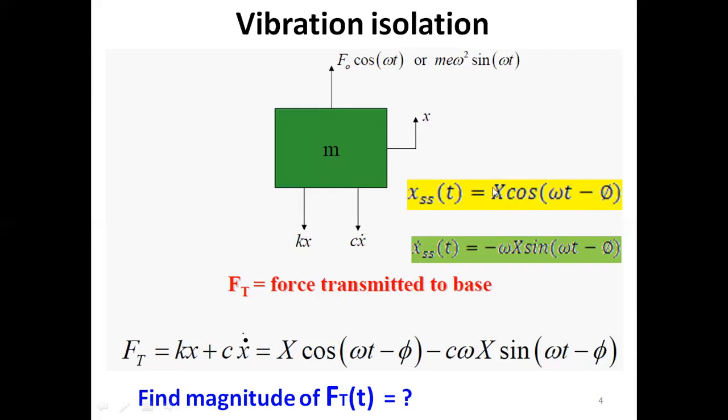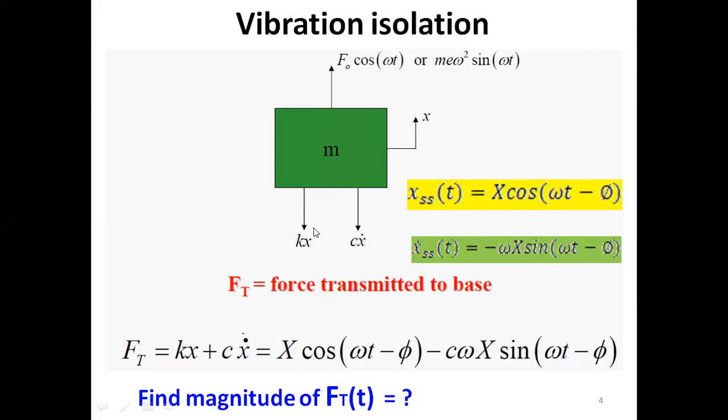Capital X is the amplitude of the displacement, and phi is the initial phase difference between the excitation and the response. Similarly, if we differentiate this displacement, we would get the velocity at which this mass is vibrating. So x dot of t is equal to minus omega X sine(omega t minus phi).